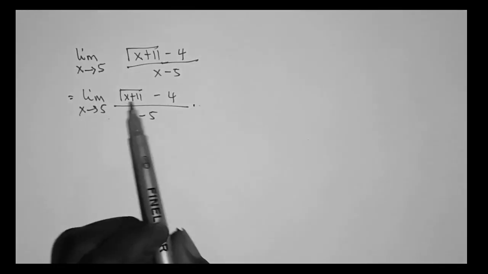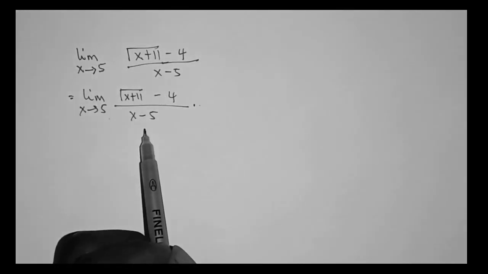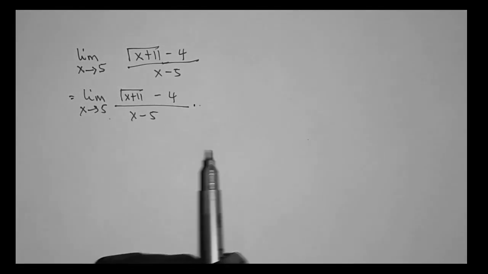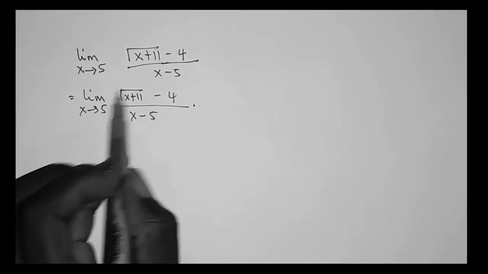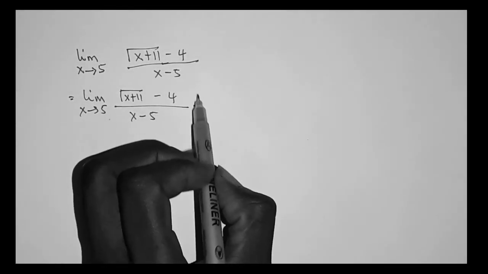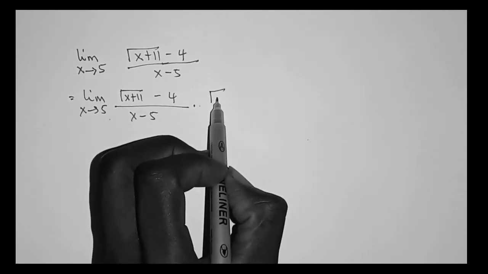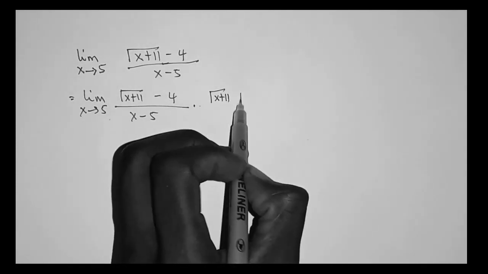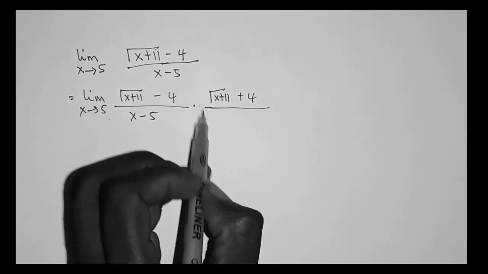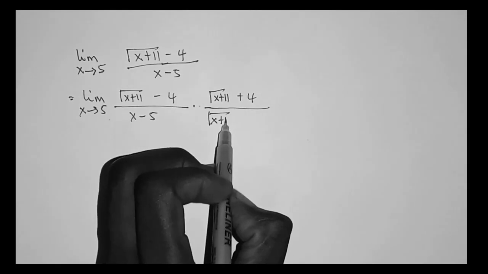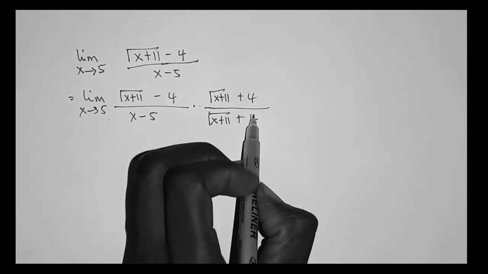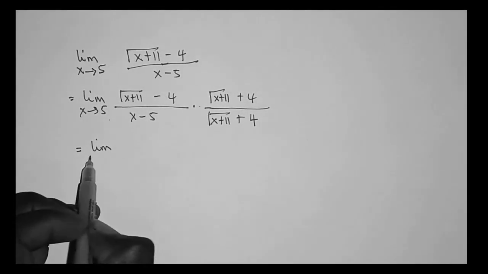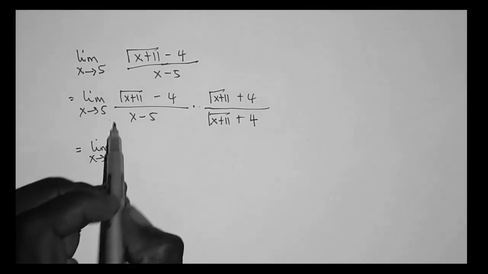In rationalizing, you multiply both the numerator and denominator by the conjugate of either the numerator or the denominator. In this case, it is the numerator. So this becomes times square root of x plus 11, then instead of minus 4, this becomes plus 4, divided by square root of x plus 11 plus 4. So this is equal to the limit as x approaches 5.